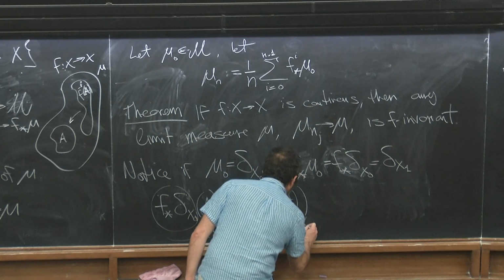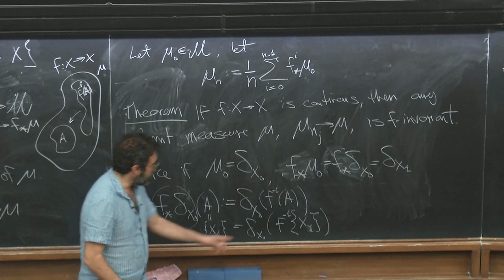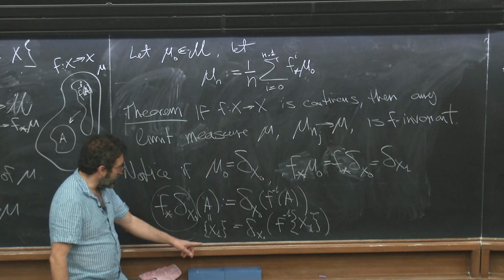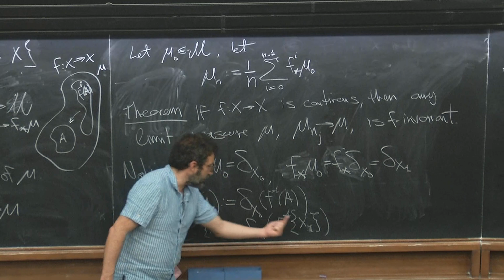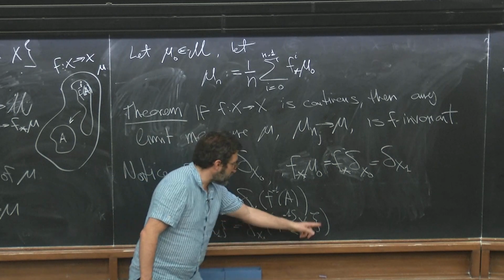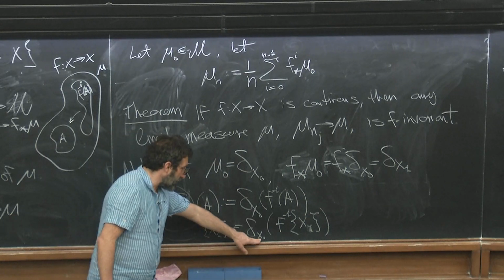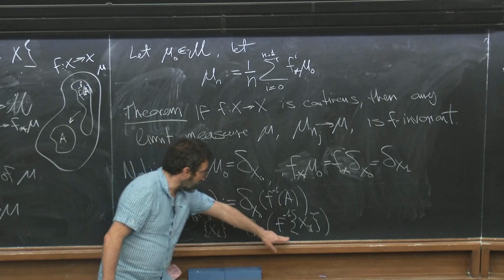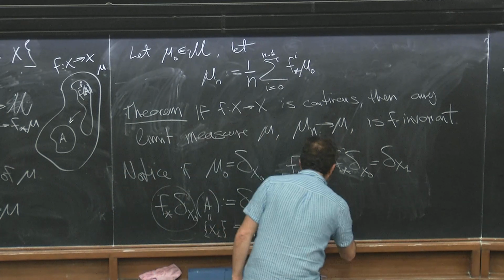And the pre-image of x1 obviously contains x0, because x1 is the image of x0. If the map is not invertible, this pre-image may contain several points, but it certainly contains x0, and therefore this is equal to 1.